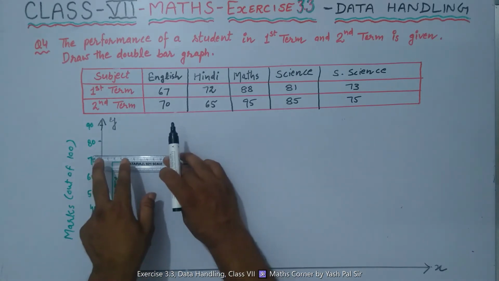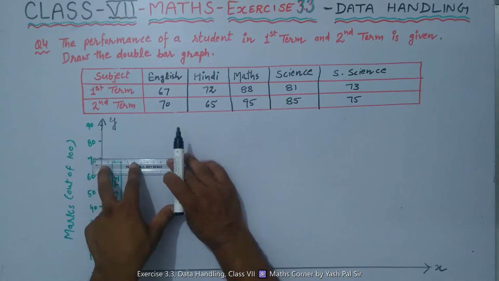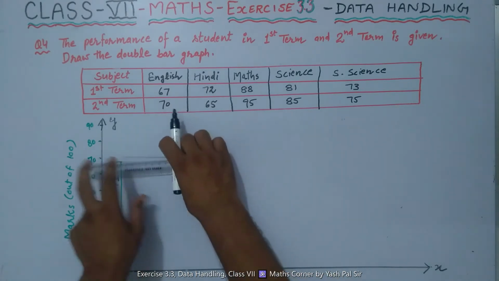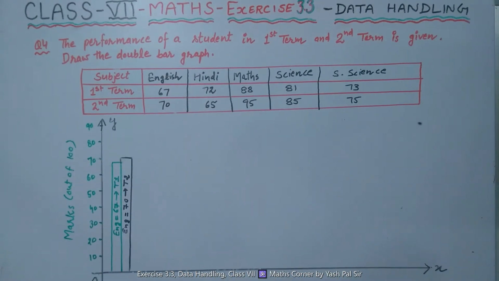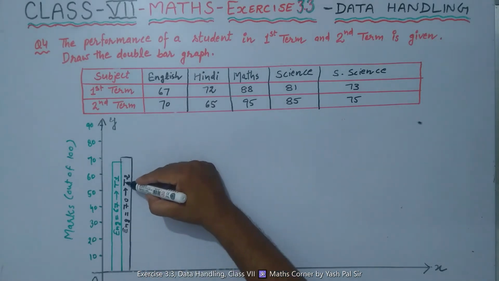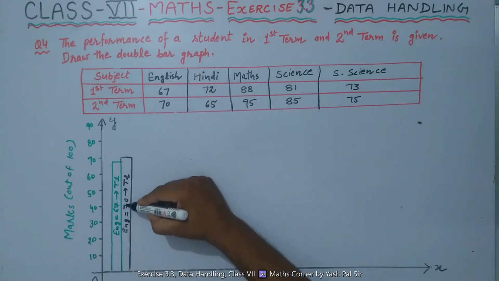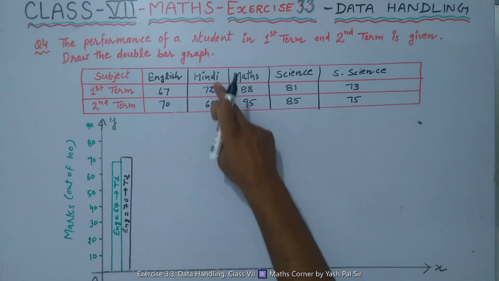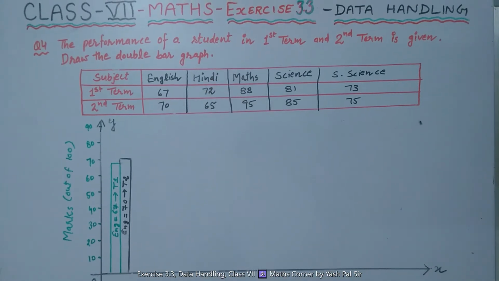So 70 is here, almost here we draw the line, right? So this is the second bar, that means for term 2 exam, English subject 70 marks are obtained by the student.